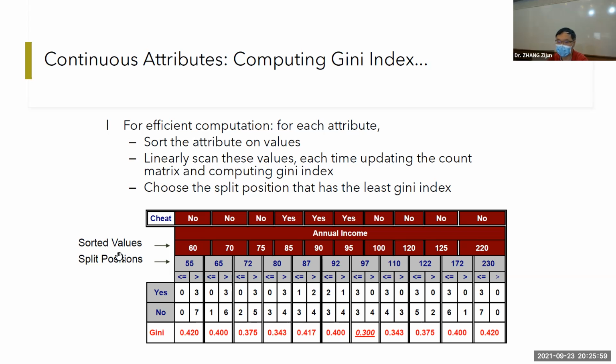After sorting, we set the split positions and linearly scan these values, each time updating the count matrix and computing the Gini index. The split positions are, for example, 55, 65, 72, 80, 87, 92, 97, 110, 122, 172, and 230.